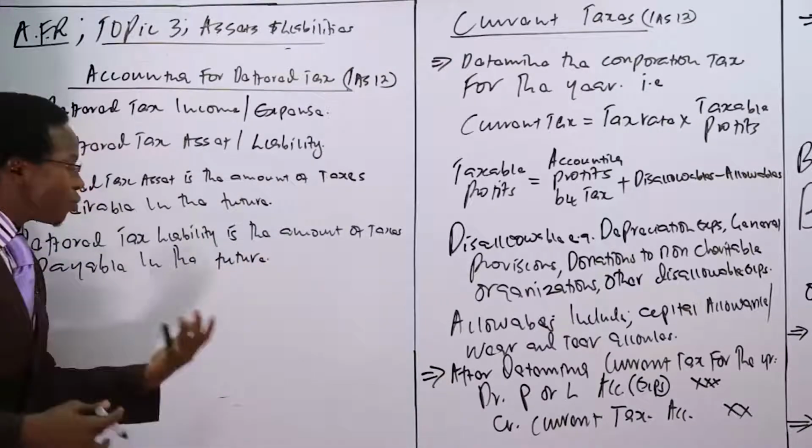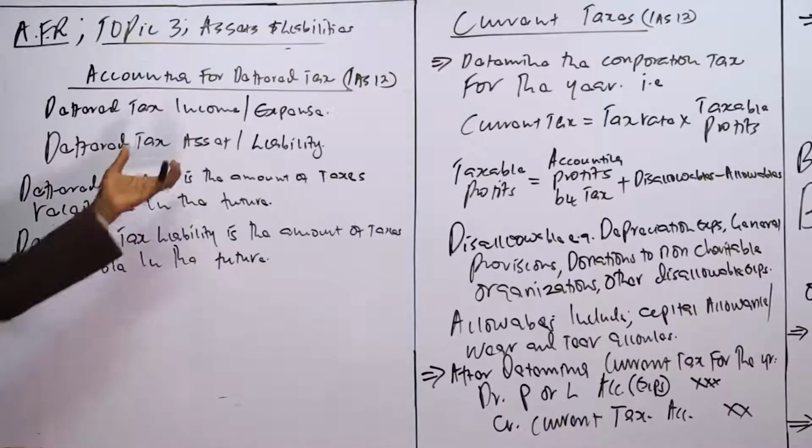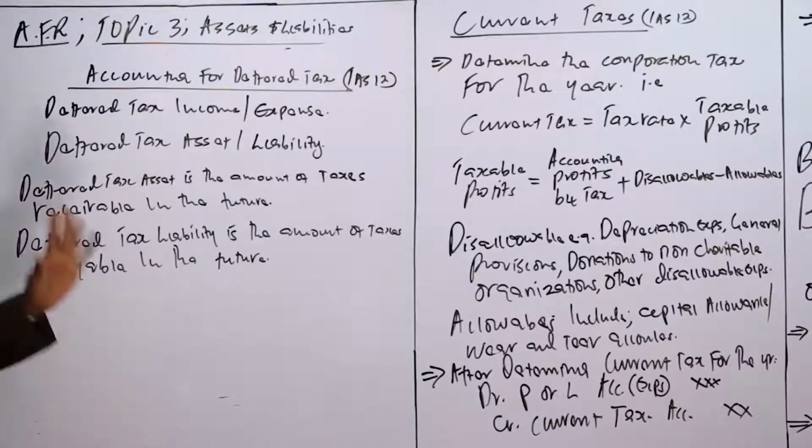We'll have to define some other items later in detail, but for now we have to talk about a few items here, like the deferred tax asset and deferred tax liability.